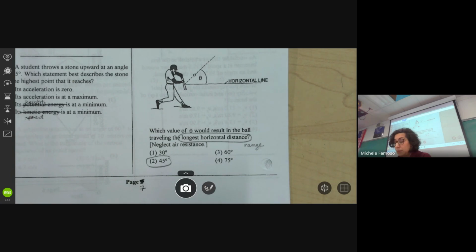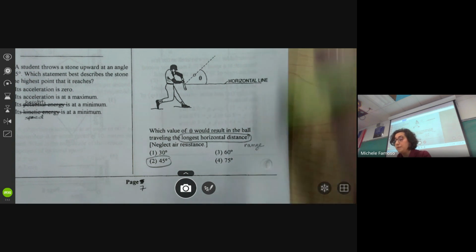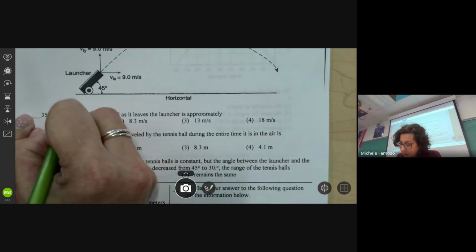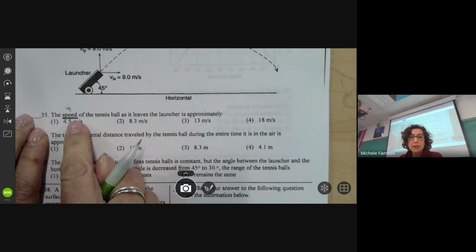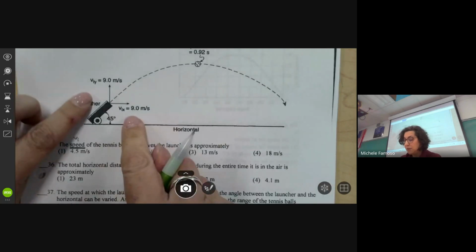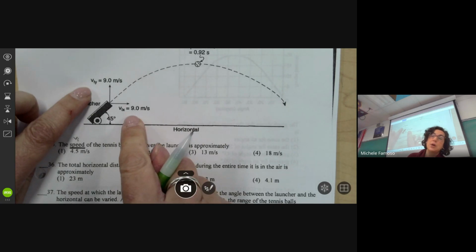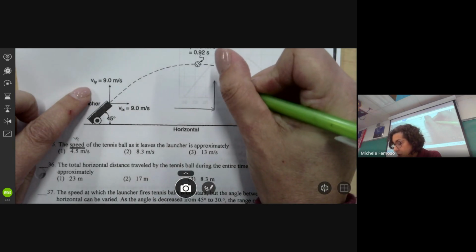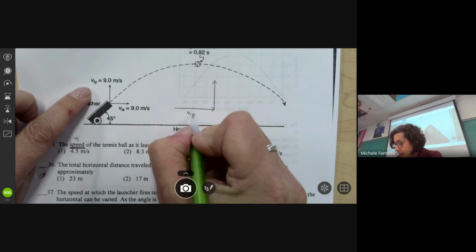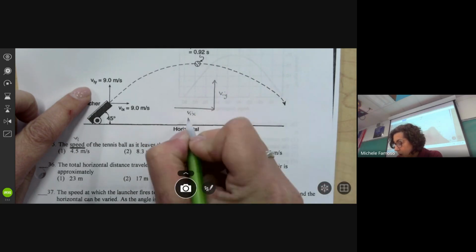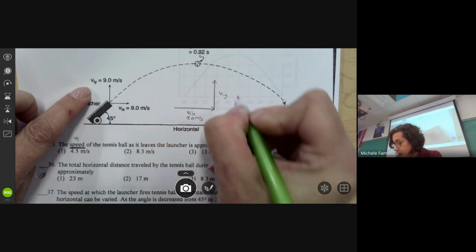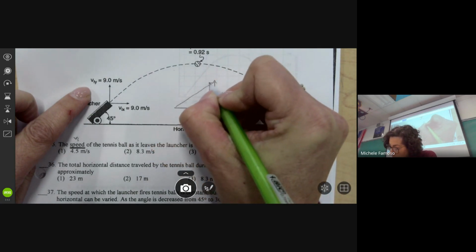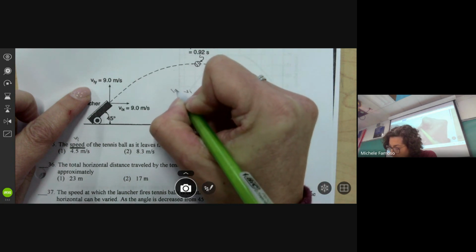Josh? I'm sorry, 35? Okay. So in 35, I want to know what is the speed of the tennis ball. When I say speed at the launch, it's just the VI. Notice I'm giving you the X and the Y components. So you're going to work backwards here. I'm going to redraw them head to tail like we talked about in class. There's the X. There's the Y. Each of these is 9.0 meters per second. When I talk about the launch speed, though, this is what I'm talking about.